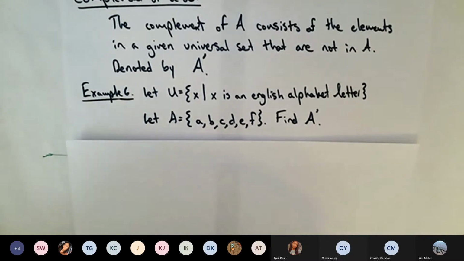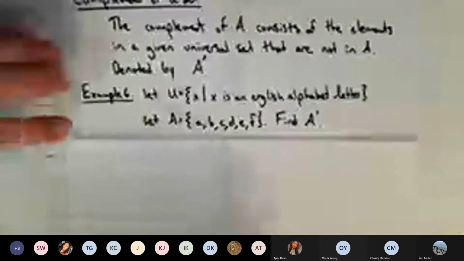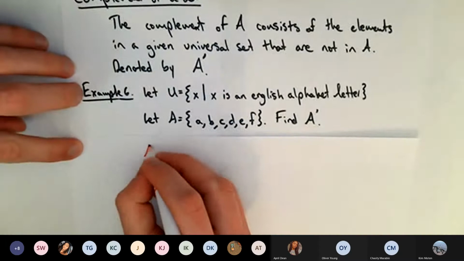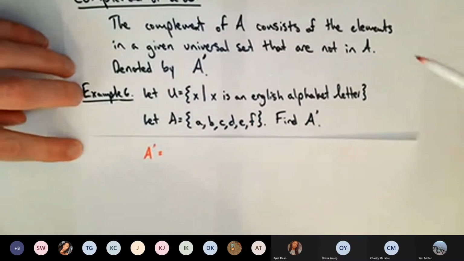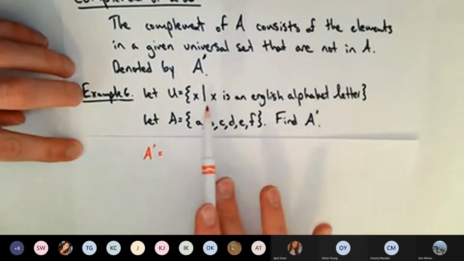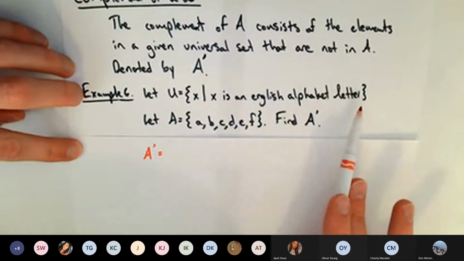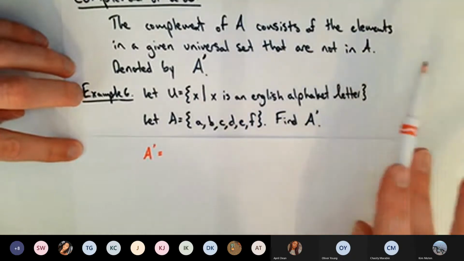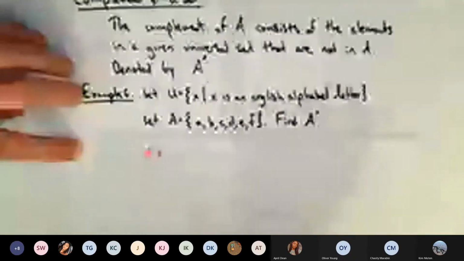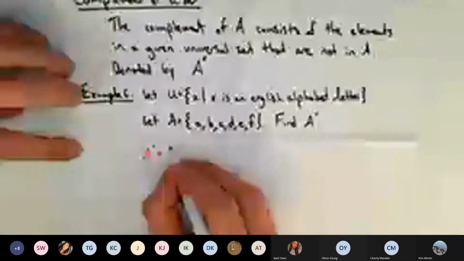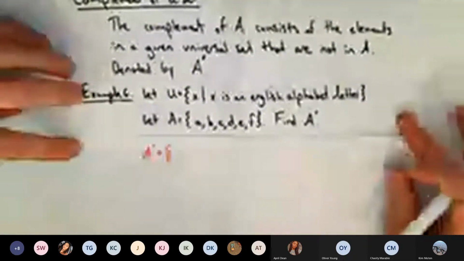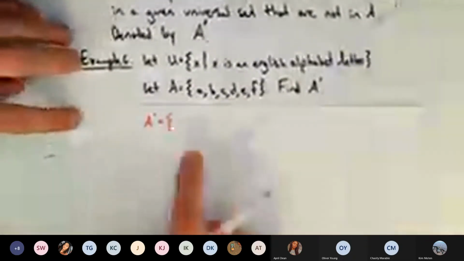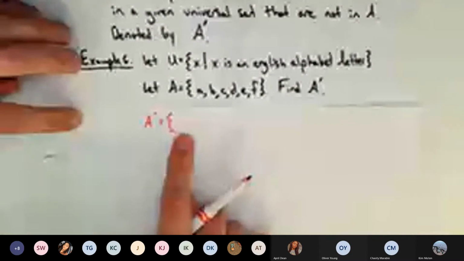Okay, I'm going to start calling on people to see if you can help me build this A complement. But first, let me say this. The definition of a complement says it should be all the elements that are in the universal set, so English alphabet letters, that are not in the original set A. So, Chastity, what would the first letter be in your list of A complement?